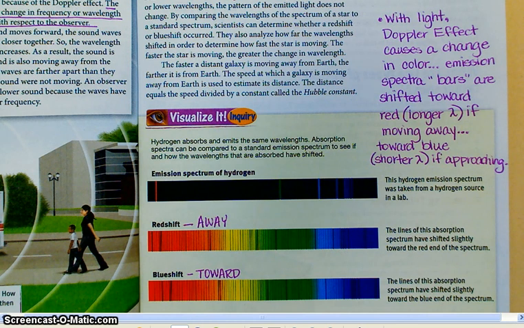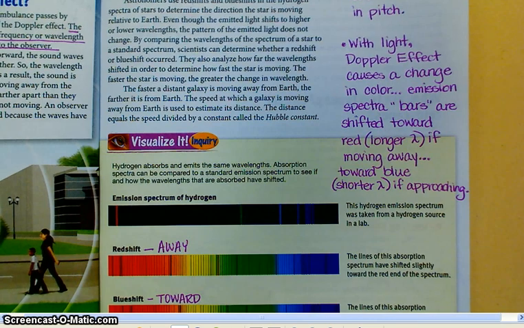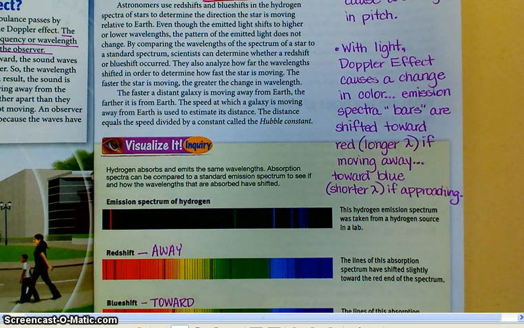Okay, so we can figure out whether that object is moving towards us or away from us. And how big of a shift, how much it's moved one way or the other, is going to tell us how fast that object is moving towards us or away from us. So there's really a lot of things that scientists can find out just by analyzing the spectrum of light from an object that's coming in.